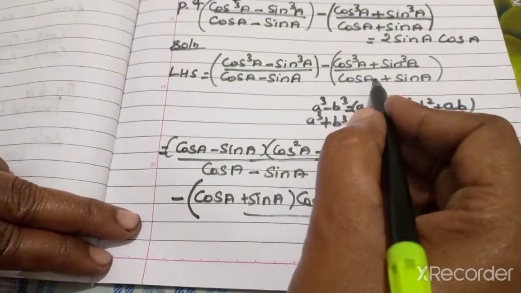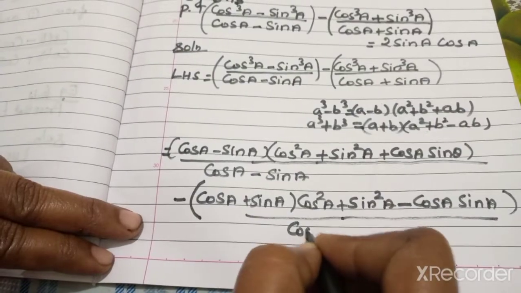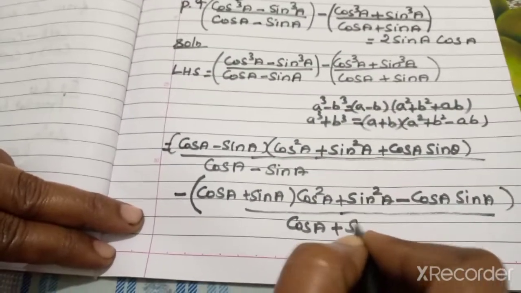What is the denominator? Cos A plus sin A.